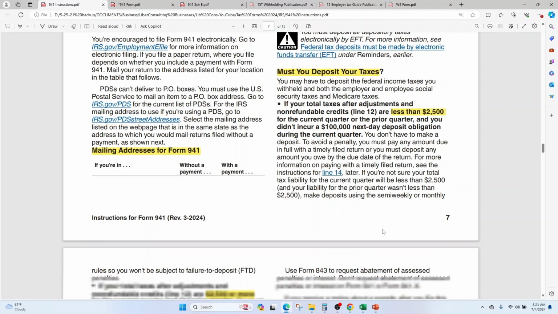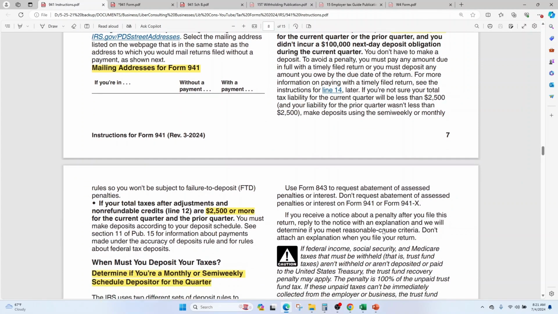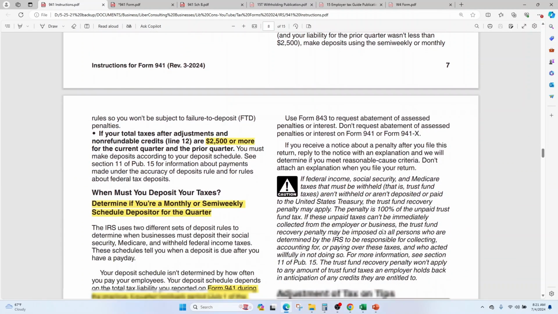Okay. If your tax after adjustment on line 12 is $2,500 or more for the current quarter and the prior quarter, you must make a deposit according to your deposit schedule.